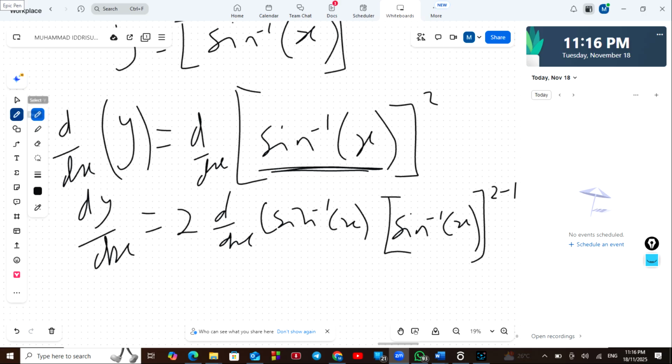So the chain rule and composite functions, that's what we are just applying here.